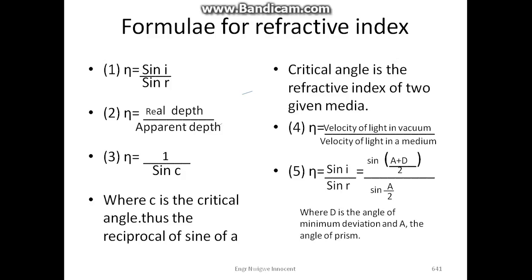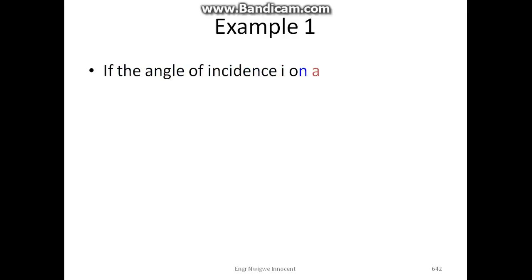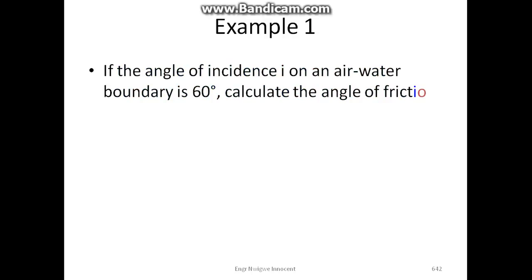A is the angle of the prism. Example 1. If the angle of incidence i on an air-water boundary is 60 degrees, calculate the angle of refraction r, taking refractive index n to be 4 over 3.